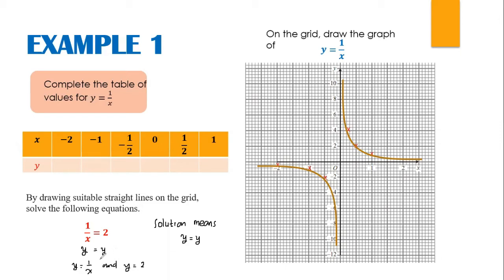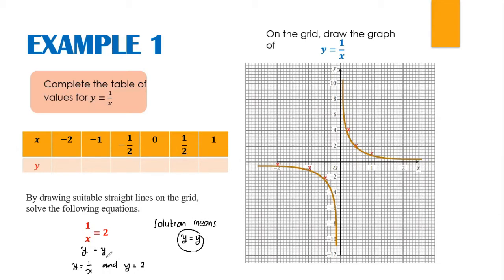So the meaning of this equation is y equals 1 over x and y equals 2. We have two parts of this equation. By drawing the straight lines on the grid, we'll find the solution.